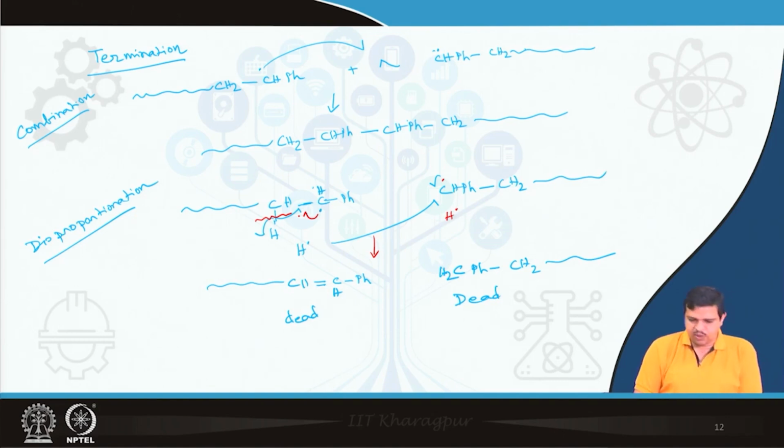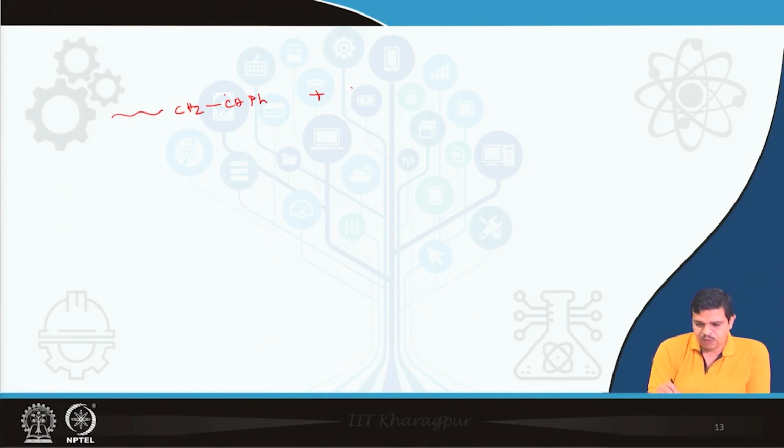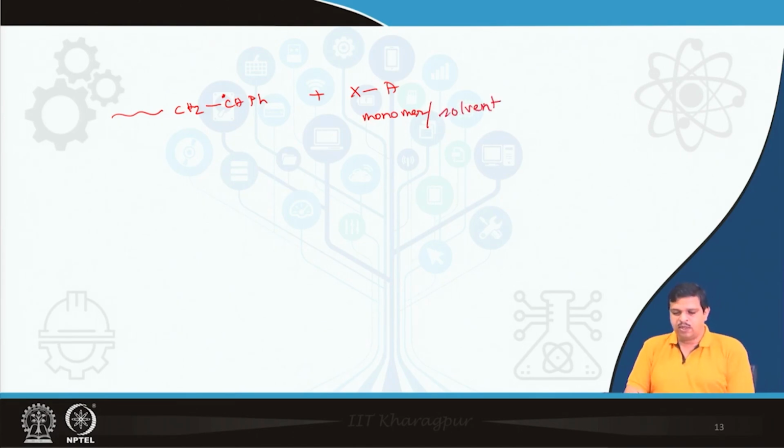So, this way the terminations are possible, and also there is another possibility of chain transfer. That is again I am writing with another reactive end, and suppose there is any species which can react with this active end, this XA may be monomer, this X may be solvent, or any other impurities or reagents. So, what may happen?